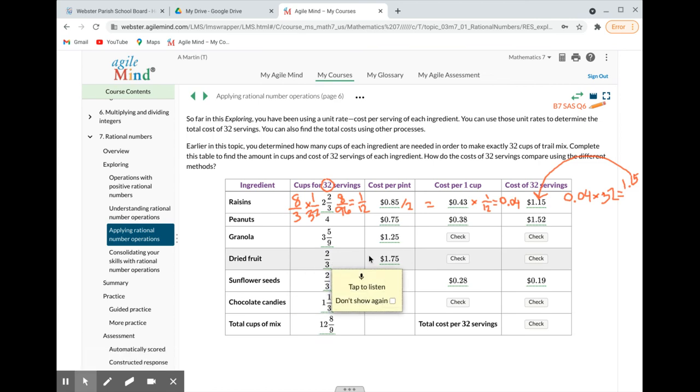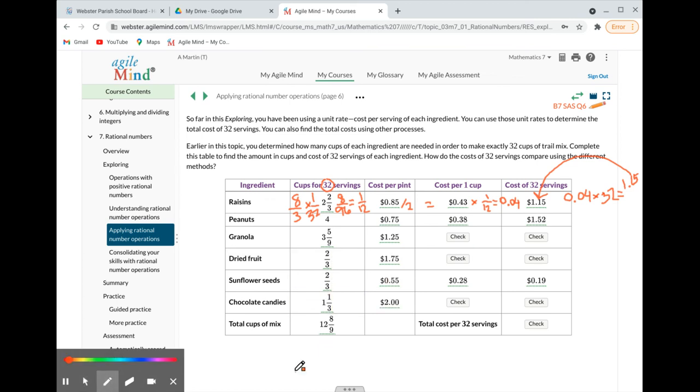So let's try the dried fruit. What am I going to do to figure out how much there will be for one serving? What do I need to do? Multiply 2/3 by 1/32. Perfect. I got a question. Can I divide 2 by 2? Yes. Can I do 32 divided by 2?